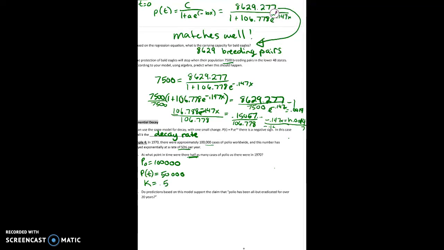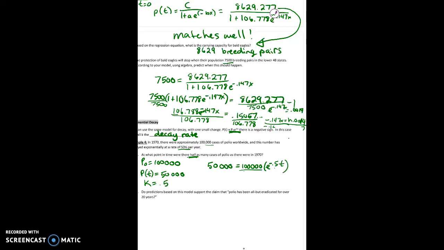And now we just need to plug this in and solve for T. So 100,000 equals, oh, I put that in wrong. 100,000 is actually the original, so it's 50,000 equals 100,000 times e to the negative, because we're using this formula, negative 0.5T.